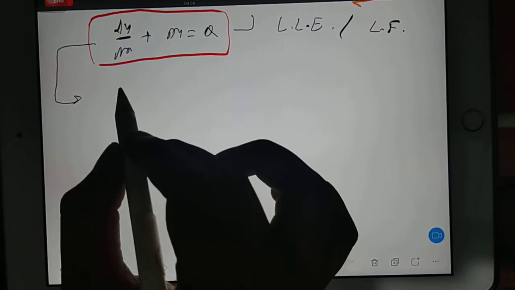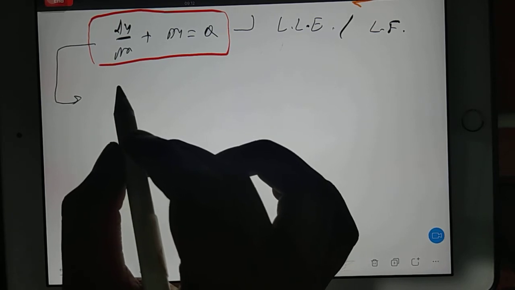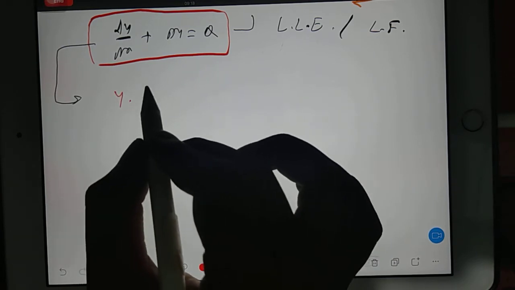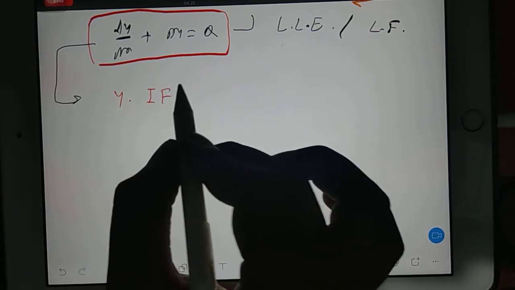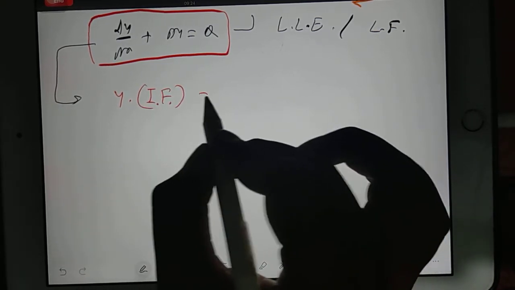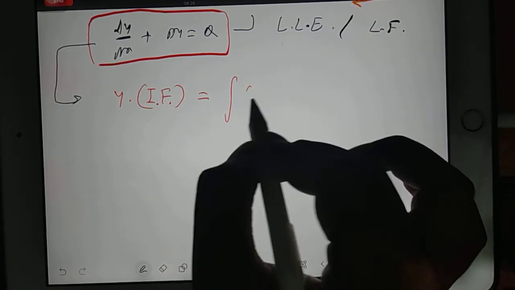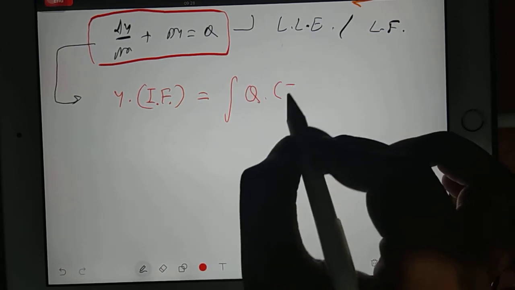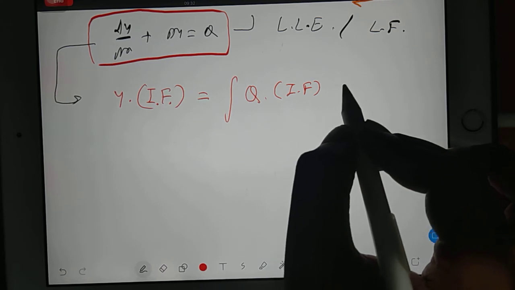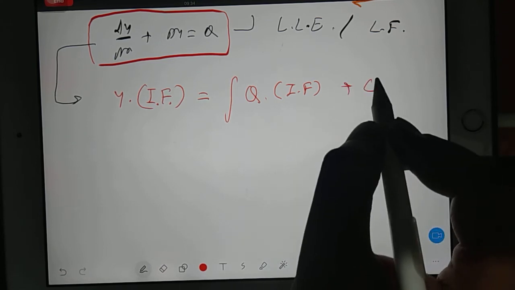For this question, you have to remember your final answer. Always the final answer will be like this: y into integrating factor, this is called integrating factor, is equal to integration of q into integrating factor, plus a constant will come.